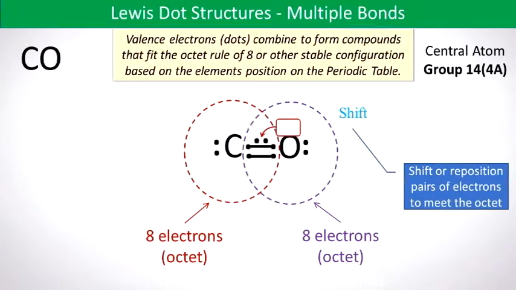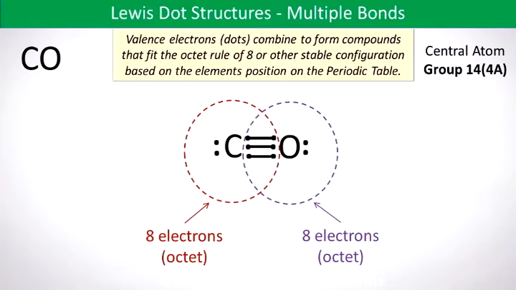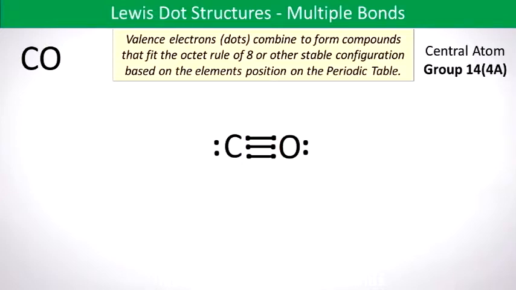And when we do that, we discover that we have indeed fulfilled the octet rule of 8 around carbon and the octet rule of 8 around oxygen. They're both satisfied with the electronic balance, and there we have a cleanup version of carbon monoxide.